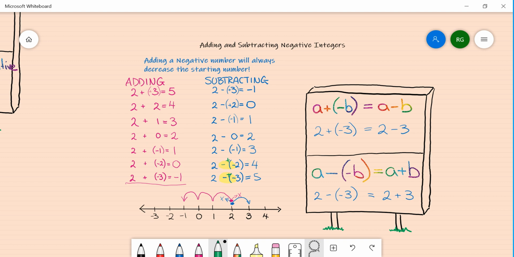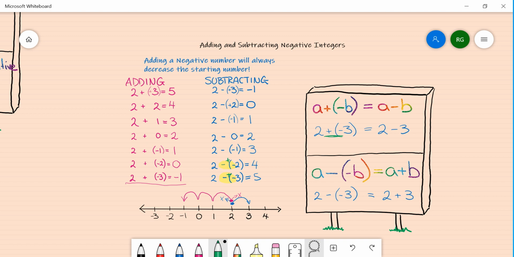So if you have positive A, so A plus a negative B, or A plus a negative number, it is the same as saying A subtract B. So if we have 2 and we add a negative number, we end up with 2 subtract 3. See how these two make a negative.